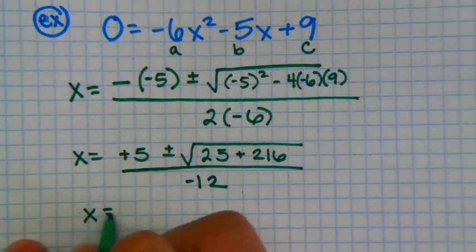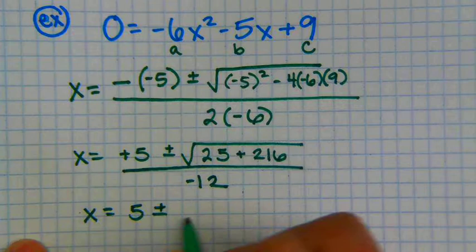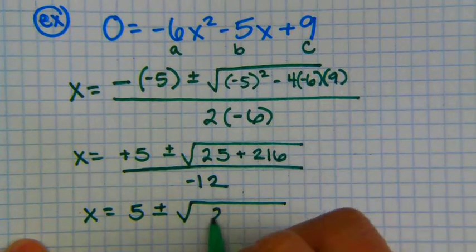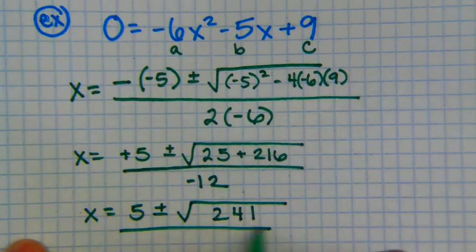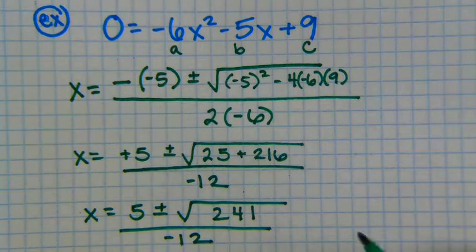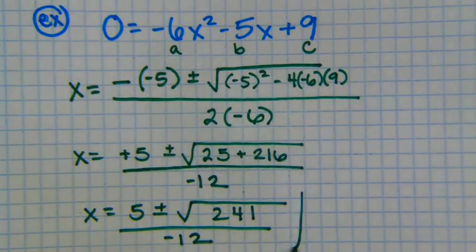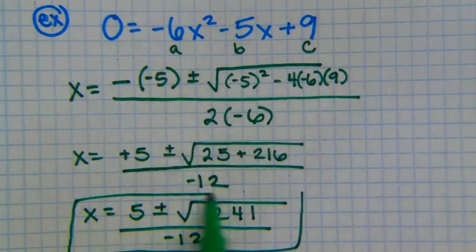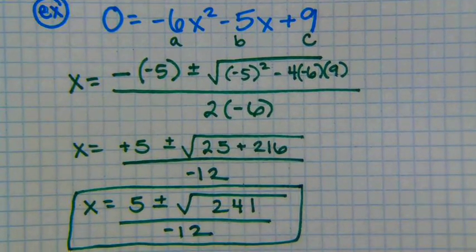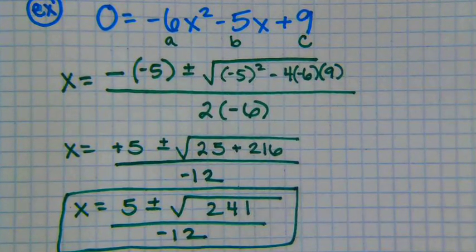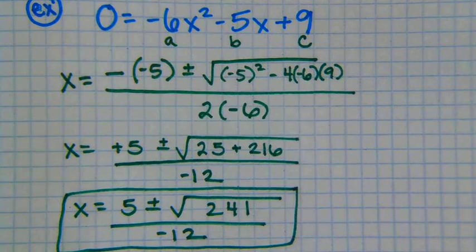So x equals 5 plus or minus the square root of 241 all over negative 12. And at this point we can pretty much stop there because the square root of 241 is not a perfect number. So that would be it. Now there's other things you can do from there, but it's not necessary at this point. Okay?